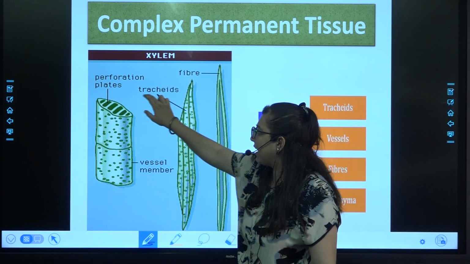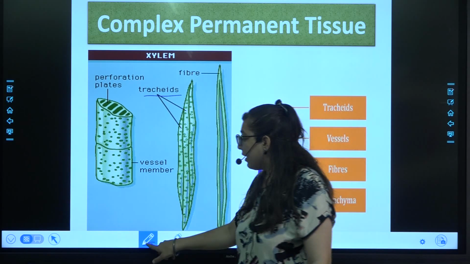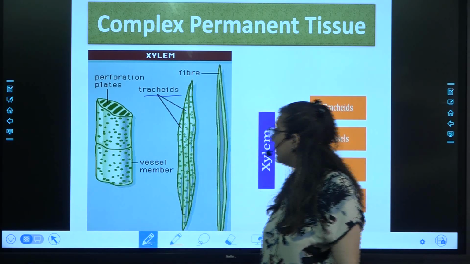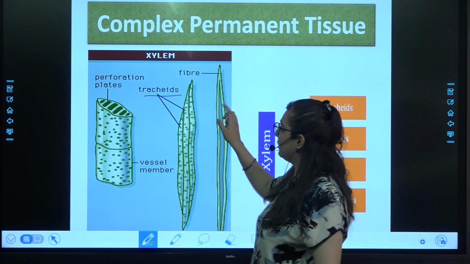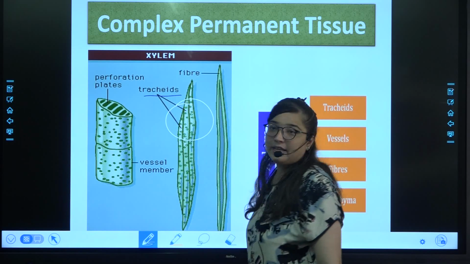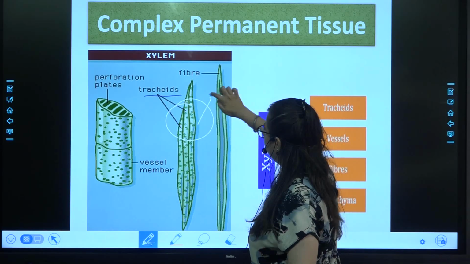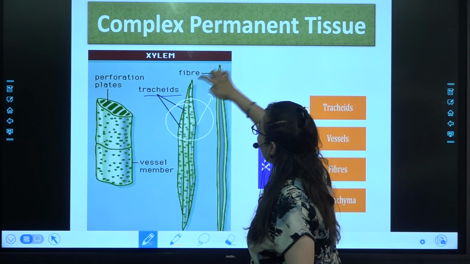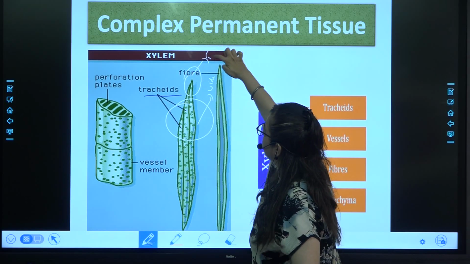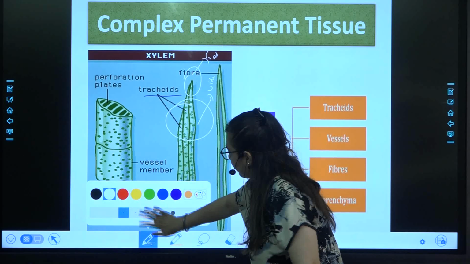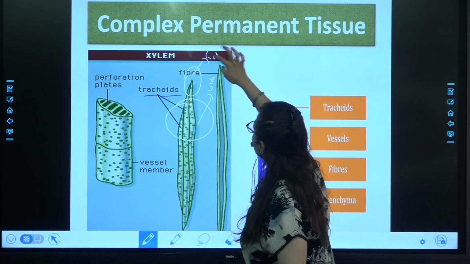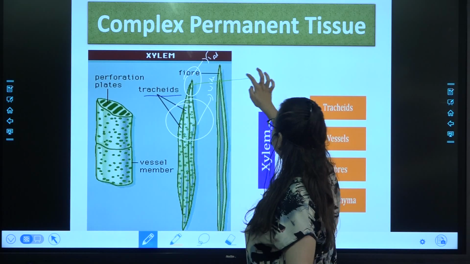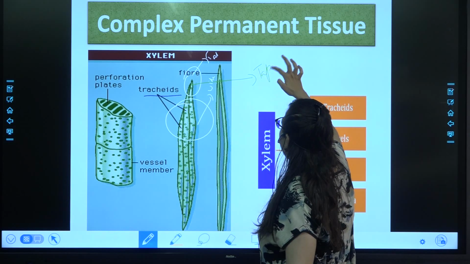You can see the tracheids over here. If you just observe the tracheids, then you can see that the lumen, that is the opening, is wide, while the ends of it are tapered.